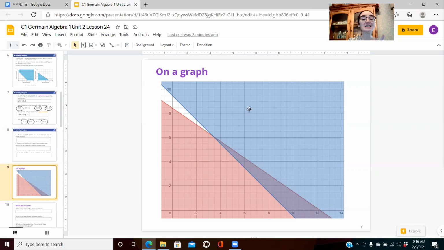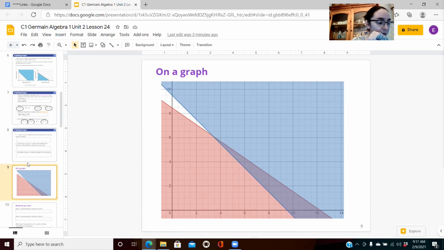So the solution set for the system of inequalities is going to be that double shaded region, which on this graph right here would be like this little tiny purple triangle. Okay. So we're taking that idea of a solution to a system of equations and extending it by adding in the idea of inequalities, and we're looking at shaded and double shaded regions.